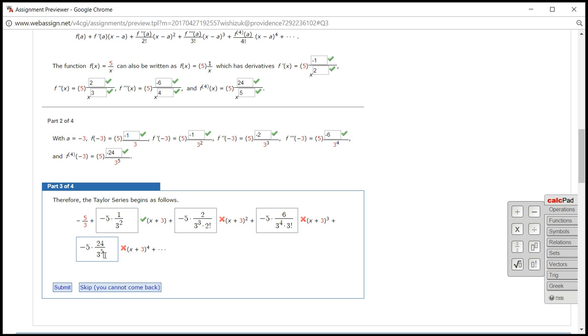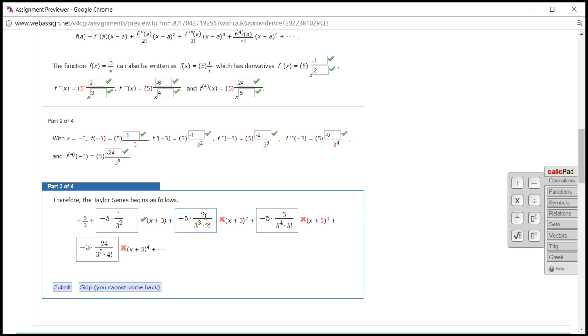Then here, I would have to put the 4 factorial on the bottom. All right, but before we submit, we notice that here the 2 and 2 factorial are going to be actually 1. Because the 2 and 2 factorial cancel out, so you get that.